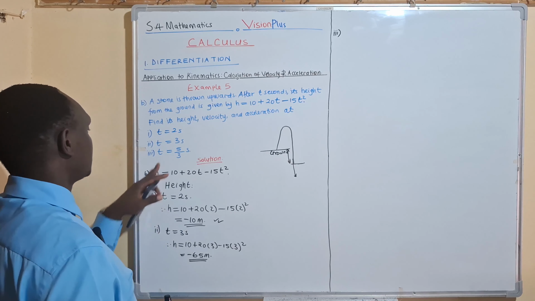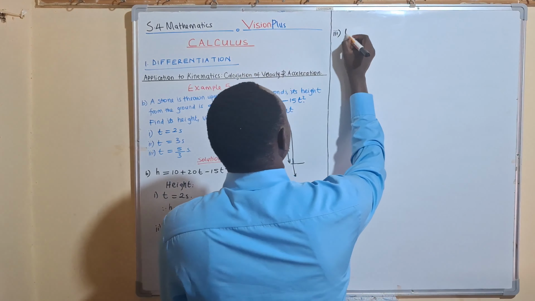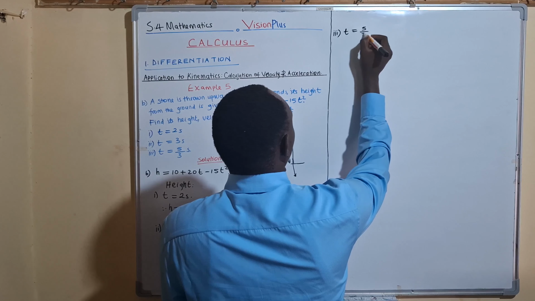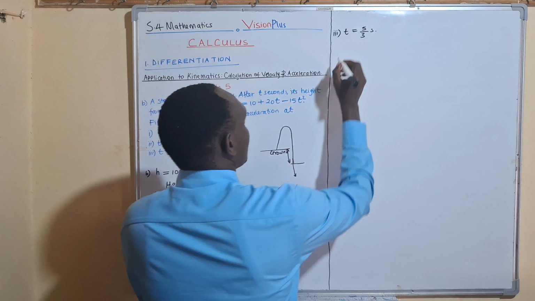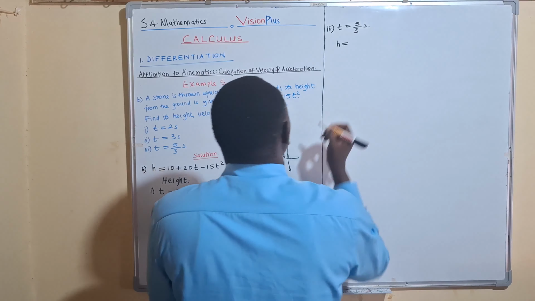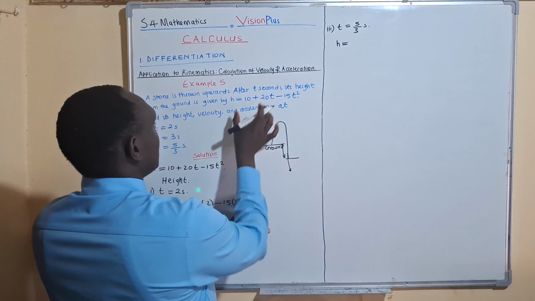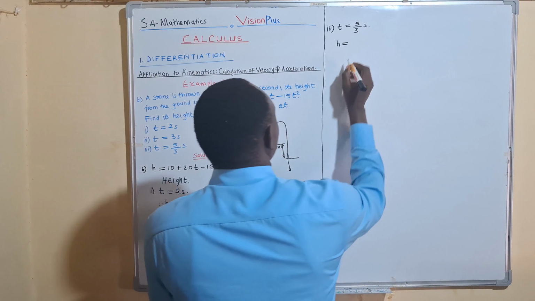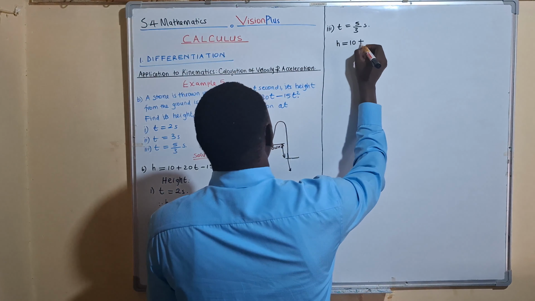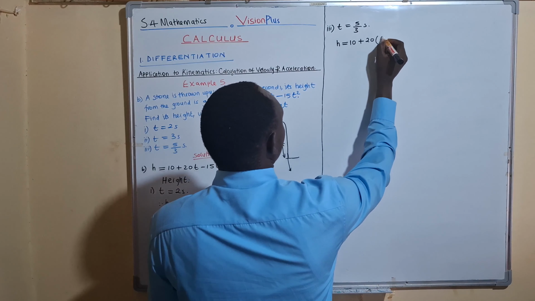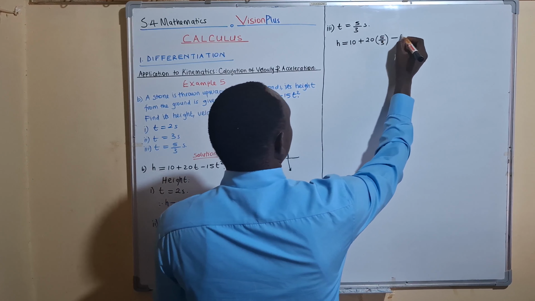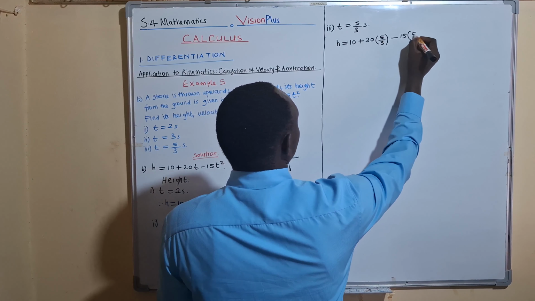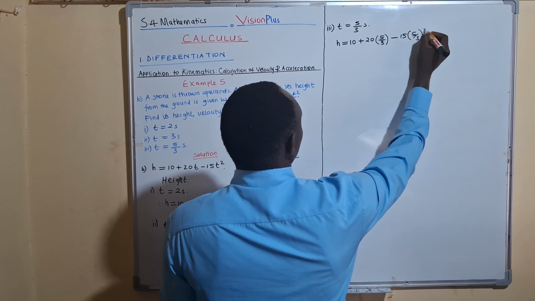Now, part 3 says when t equals 5 over 3 seconds, what is the height? So our h here becomes, we substitute for t in the expression for the height at any time. That is 10 plus 20 times our t, 5 over 3, minus 15 times t, 5 over 3, squared.